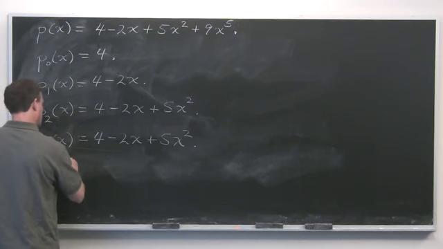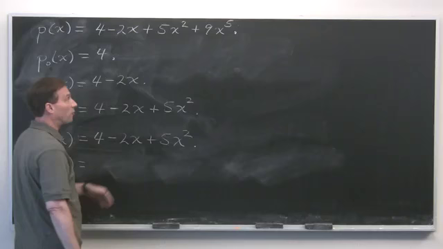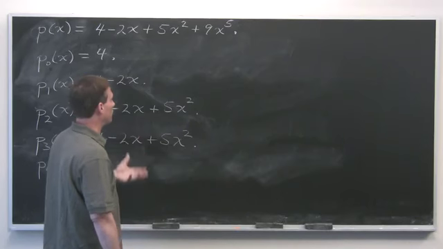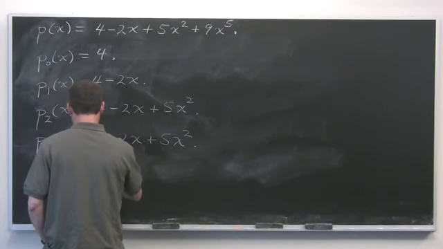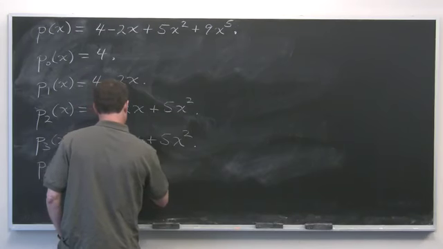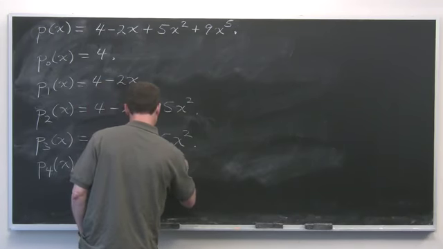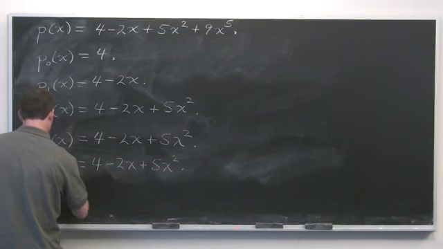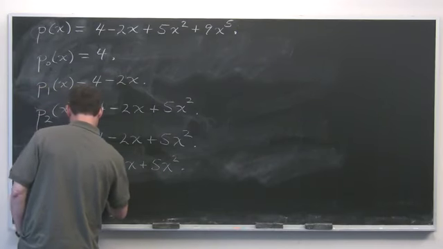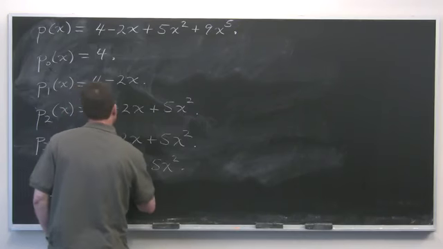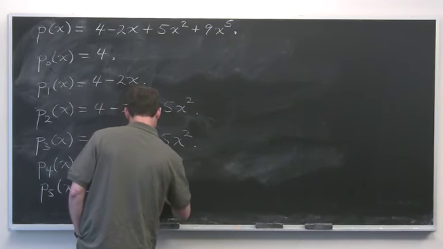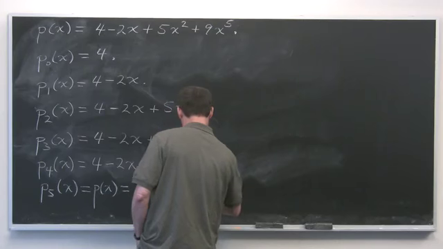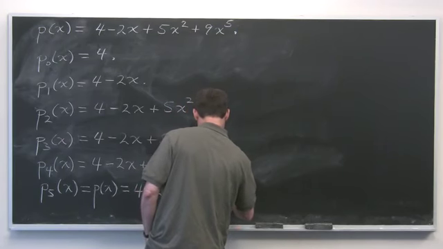P sub 4 of x, you would go out to the degree 4 term, but there is no degree 4 term. The x to the 4th term has a 0 in front of it. So again, P sub 4 of x is also the same as P sub 3 and P sub 2. And then P sub 5 of x would be the whole polynomial because we've gone out to the degree. So it'll just be 4 minus 2x plus 5x squared plus 9x to the 5.